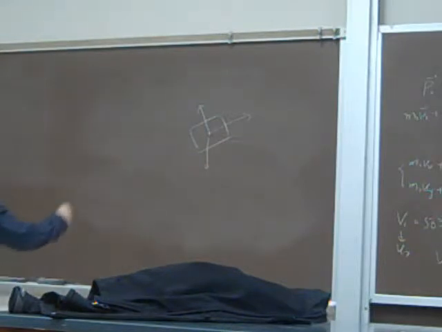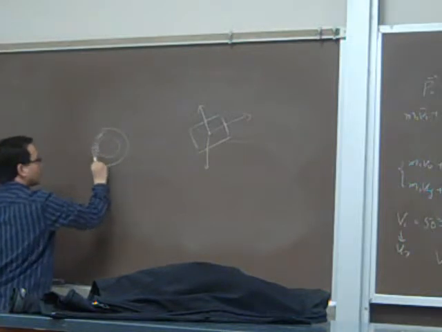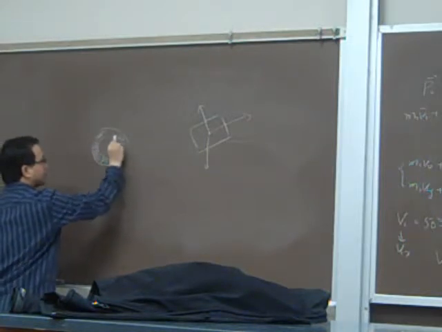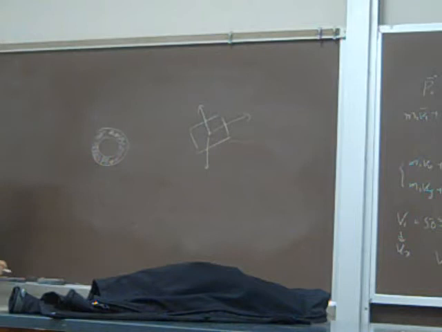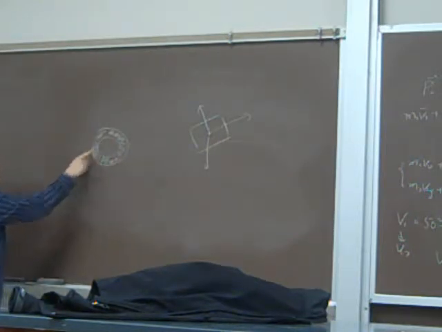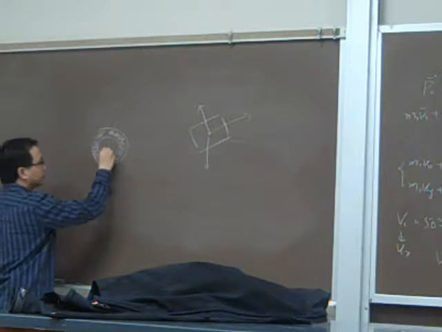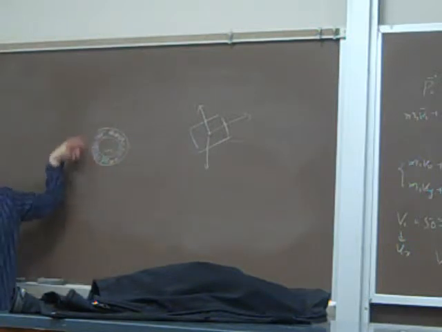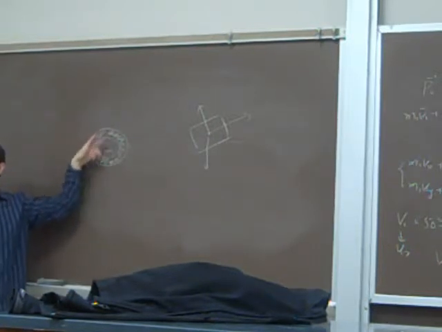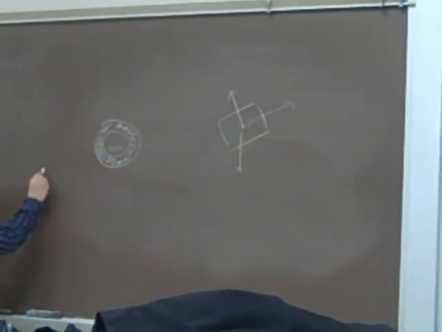We can think about if you have some ring-shaped object like this. Where is the center of mass? It's in the center here, right? From the symmetry you can see this is the center of mass, COM, but it's located outside of the object. Another situation is like this.